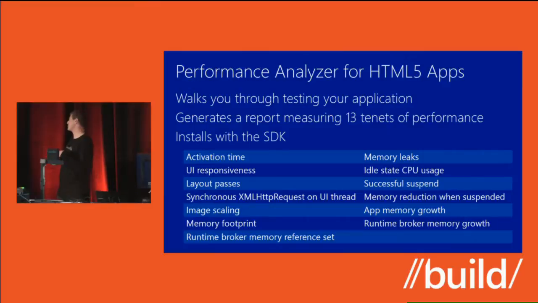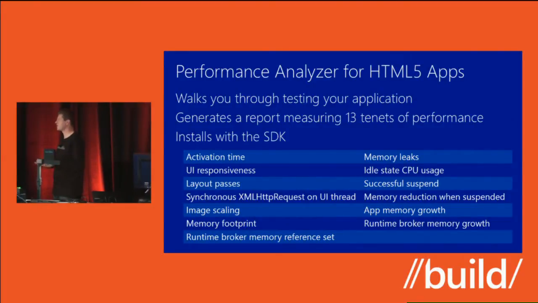The difference is the F12 browser tools don't work against Windows Store applications, and this doesn't target the browser. So the advantage depends on what your target is. If you're building a Windows Store application, you need to use the one built into Visual Studio. But the reason it looks very similar is that it's actually the same data. It all comes from the script profiling APIs that are built into the JavaScript runtime in Internet Explorer.